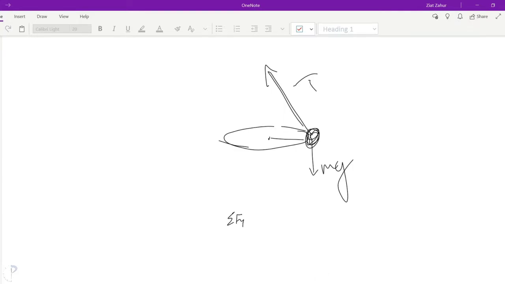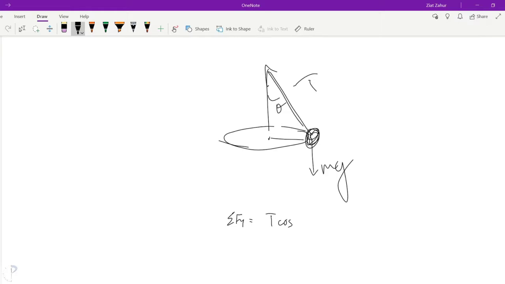Sigma Fy, we have theta up here, so tension times cosine of theta, it's cosine because it's adjacent. Wait, did they say T? I started using T. Yikes. Maybe I should use FT.